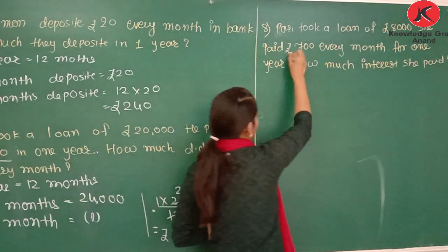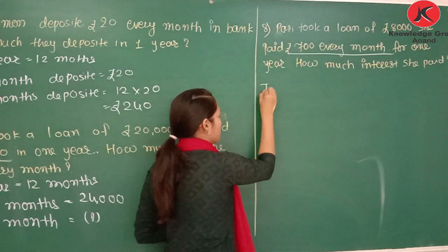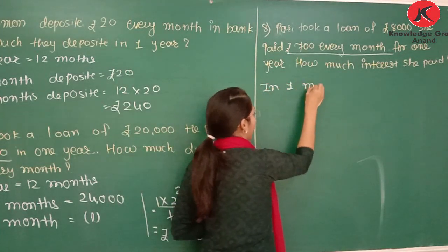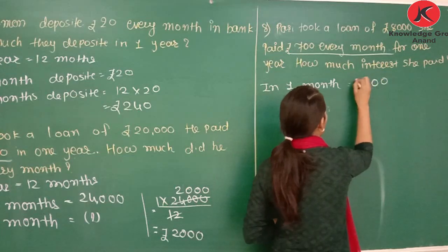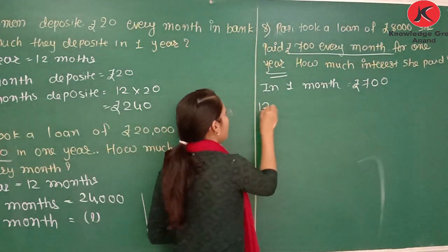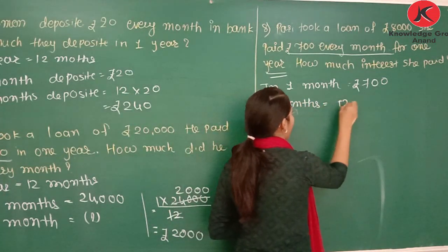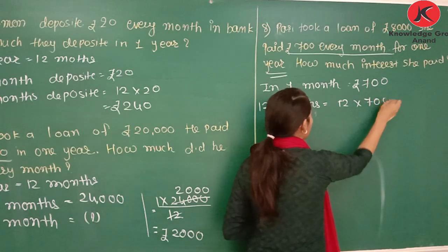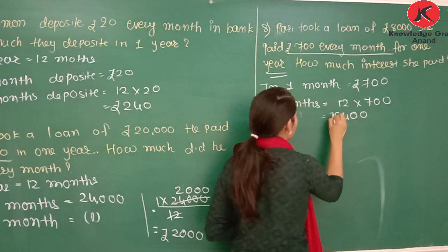So here she paid 700 rupees every month. So in 1 month how much money did she pay? 700 rupees. We need to find for 1 year. So for 12 months, 12 into 700 that is 8,400 rupees.